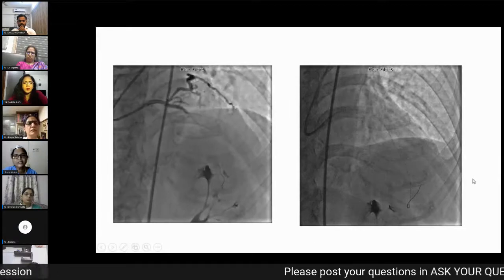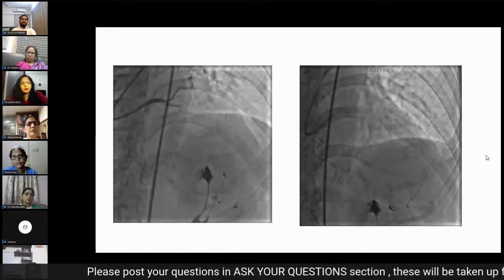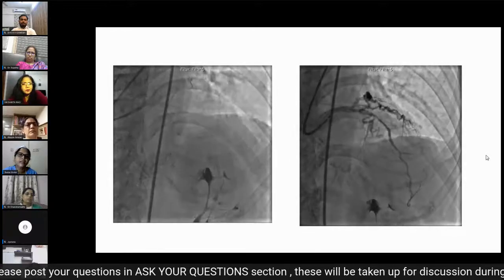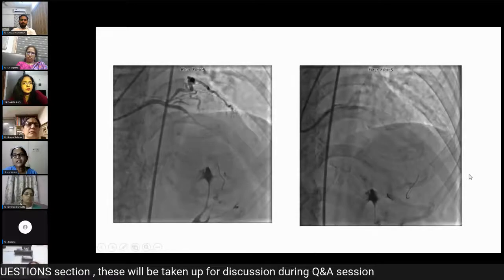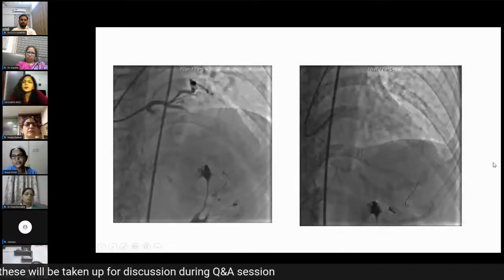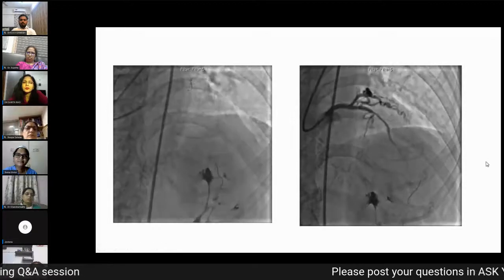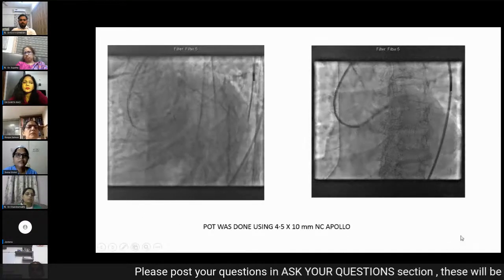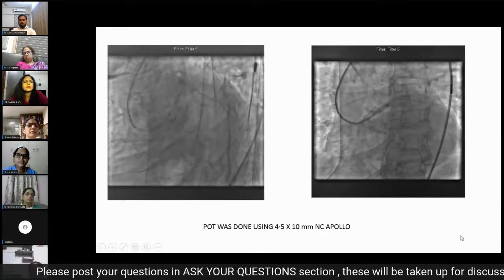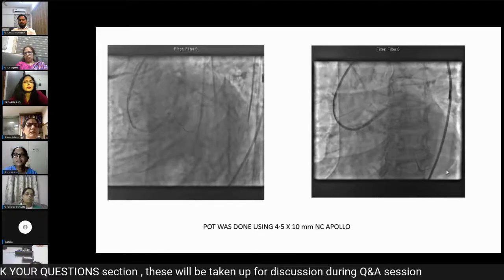I know I could have taken a wire and a microcatheter, but I thought, okay, let's give some 100 micrograms and see. With 100 micrograms we got good flow. Then we gave another 100 to 150, and we got good flows, so we didn't require a microcatheter here. Next, we had done a POT using a 4.5 by 10 balloon into the left main.